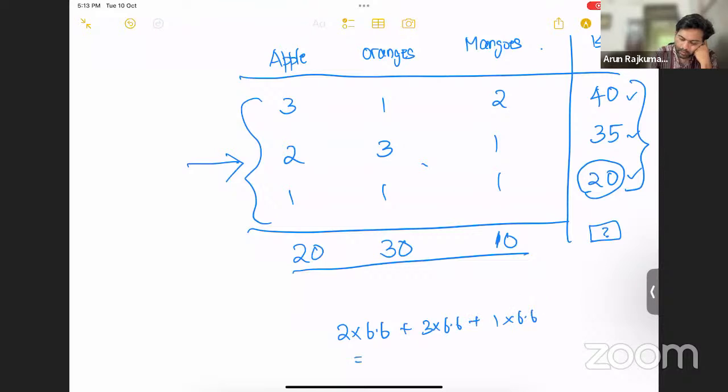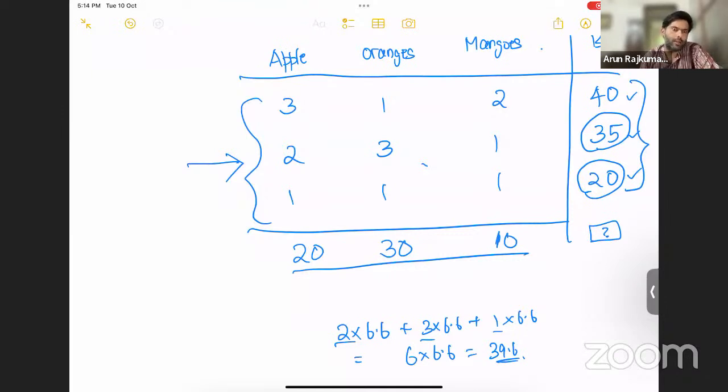Because each one is 6.6 according to what you're saying, so that would be 6 into 6.6, because 2 plus 3 plus 1 is 6. But 6 into 6.6 is 36 plus 3.6, 39.6. I would have actually spent 39.6 if that was the thing, but then I only spent 35, right? So 6.6 may not be the correct answer, isn't it? So what then would be the correct answer?